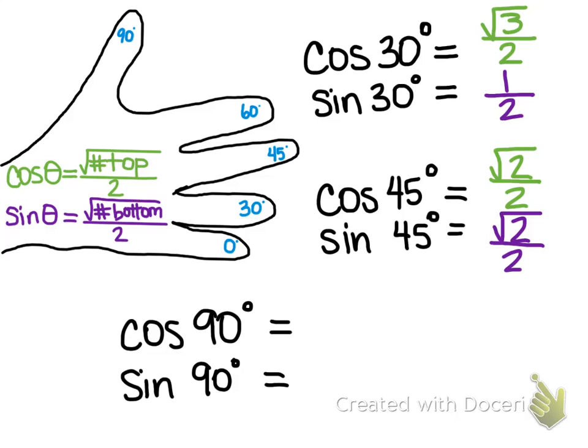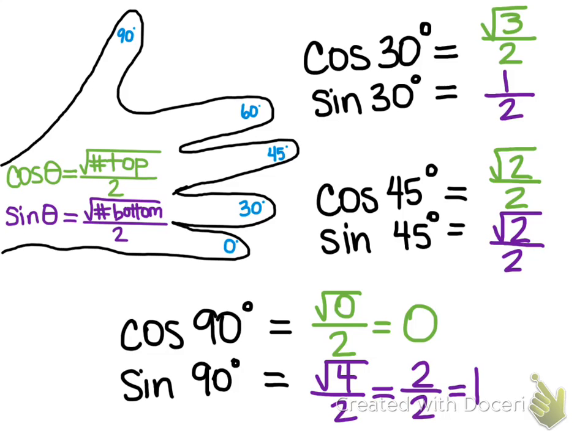Well, there aren't any fingers above 90 degrees, so that's the square root of 0, which is 0, divided by 2 is just 0. For the fingers below, there are 4 fingers below, so that's the square root of 4 divided by 2. Square root of 4 is 2, and 2 divided by 2 is equal to 1.